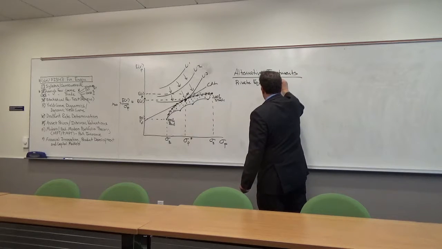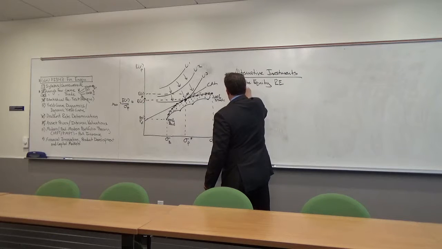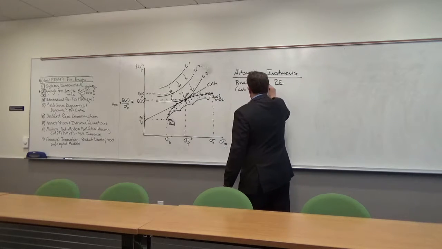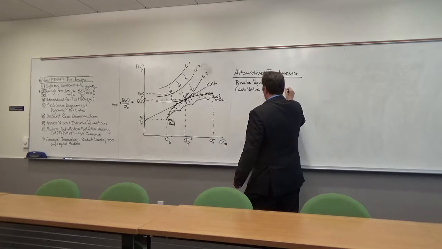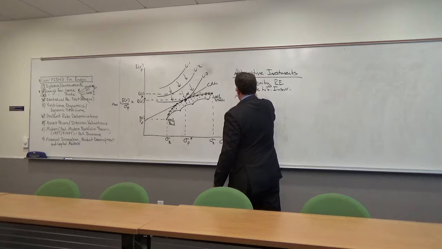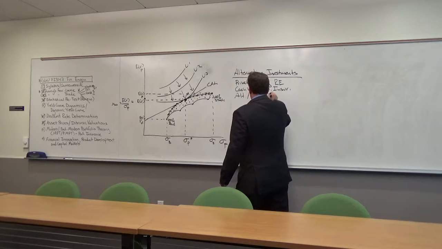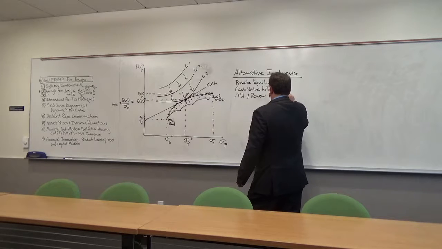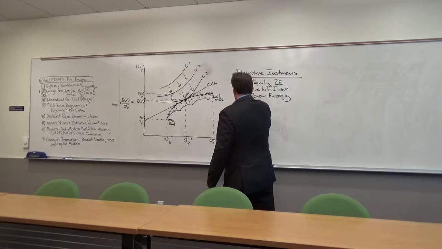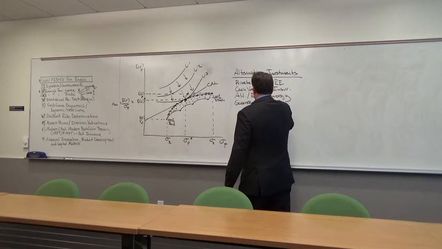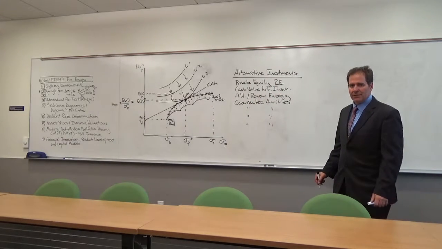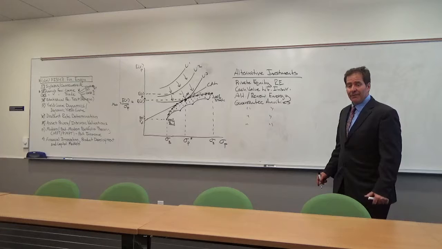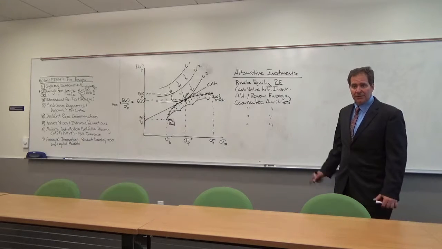Private equity, real estate, cash value life insurance, alternative renewable energy, guaranteed annuities, and other types of asset classes and assets that are alternatives that have low, no, and negative correlation with returns on stocks and bonds.